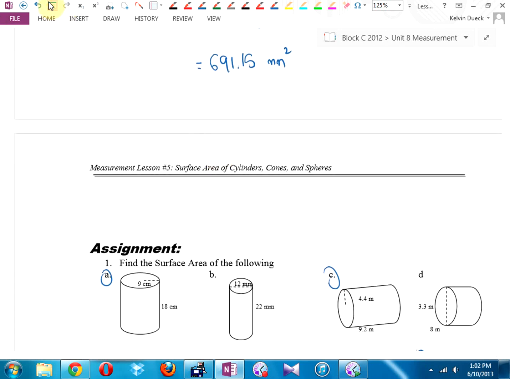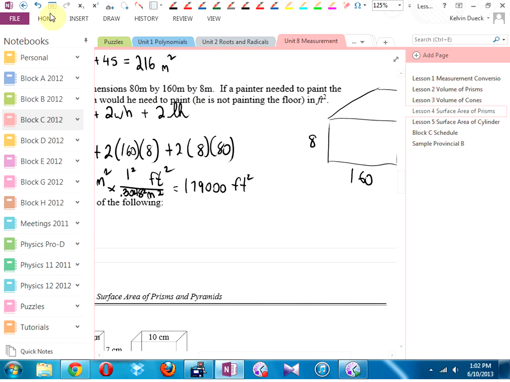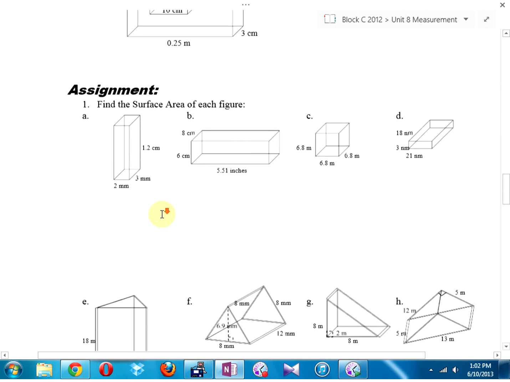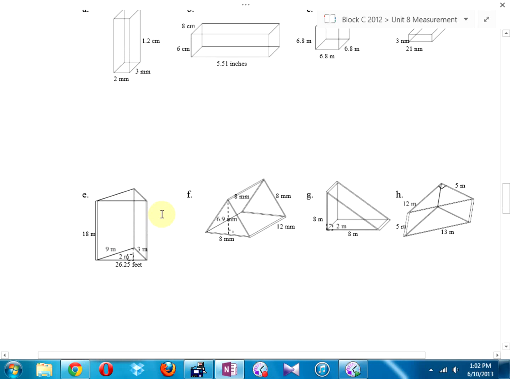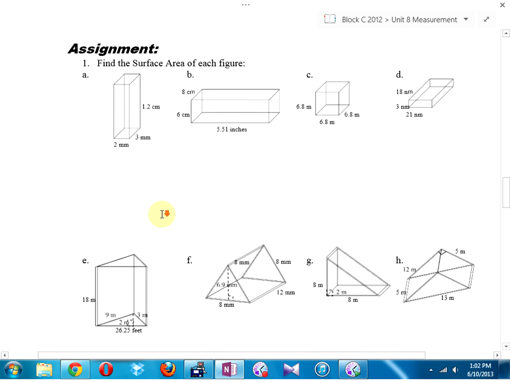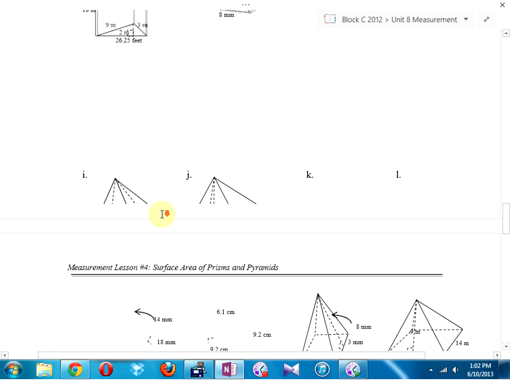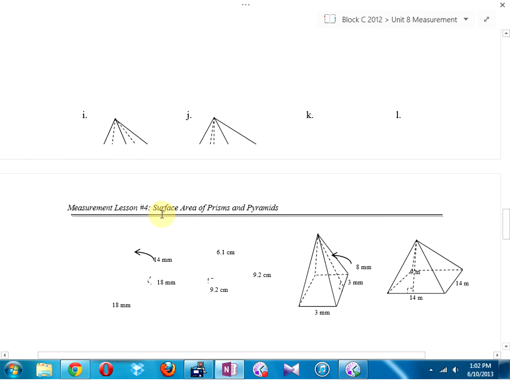Now, from lesson 4. You'll be fine. Lesson 4. I think you can try. Oh, they got chopped off a little bit.